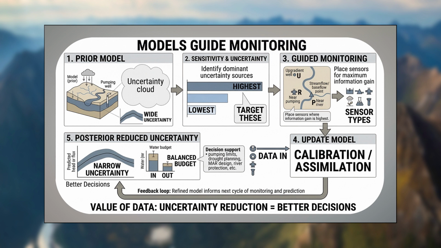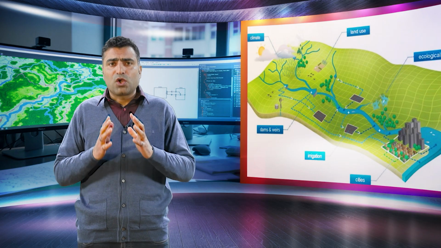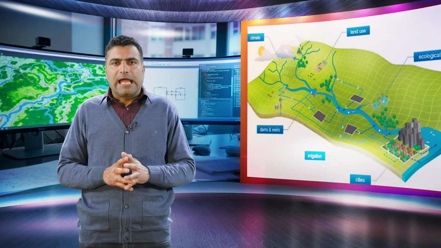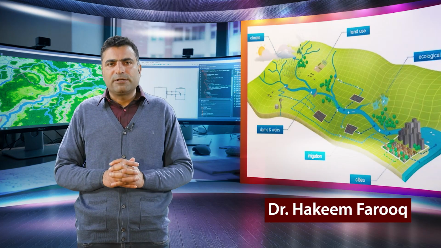Models can also be used to determine which location and type of future data collection activities would be most valuable for reducing forecast uncertainty. This enables cost-benefit analysis to optimize monitoring networks and guide fieldwork efforts.